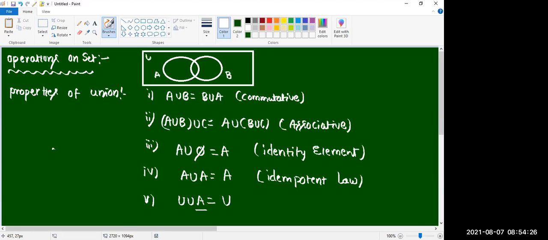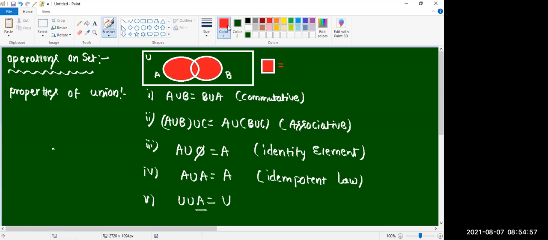For the new students, A union B Venn diagram. Sir, this diagram is for union of sets, no, sir? Yes, this is the diagram for union of sets.